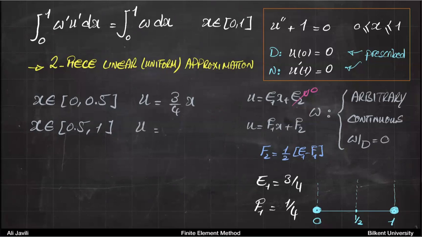For the second half, U would be 1/4 X plus 1/4. So E1 minus F1, yes, E1 minus F1 is 2/4, and then you have a 1/2 here. So F2 is also 1/4. All right.